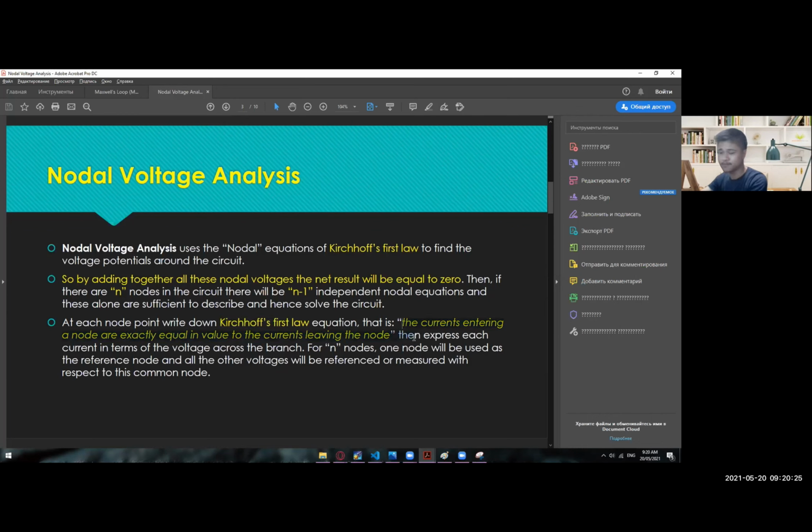That is, the currents entering a node are exactly equal in value to the currents leaving the node: positive for the entering and negative for the leaving. Then express each current in terms of the voltage across the branch. For n nodes, one node will be used as a reference node, and all the other voltages will be measured with respect to this common node.